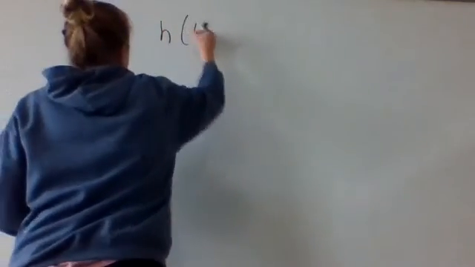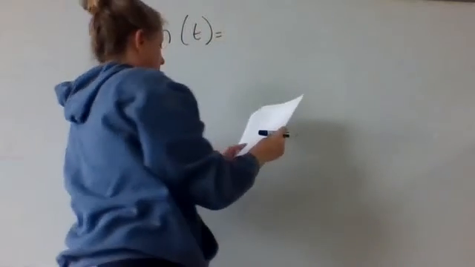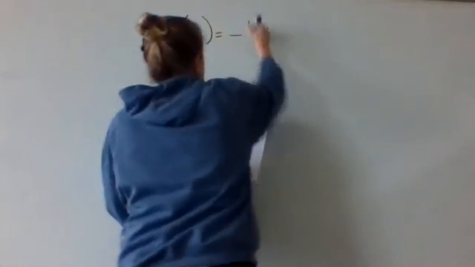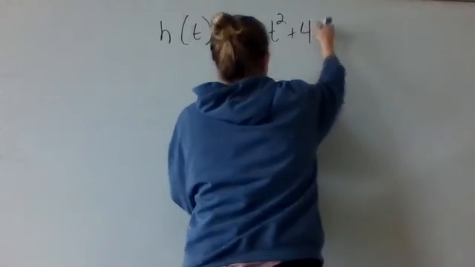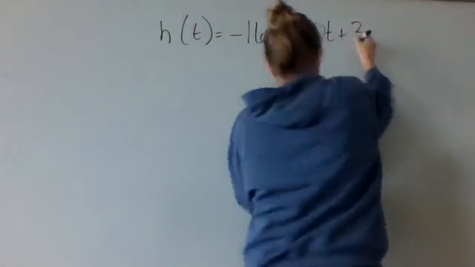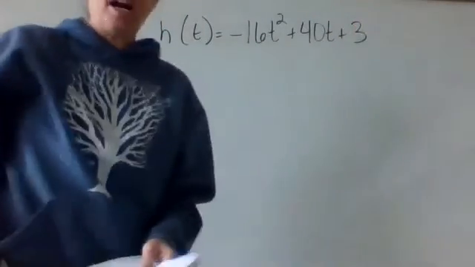The height in feet of the rocket above the ground at t seconds after launch is given by the function negative 16t squared plus 40t plus 3. So there is the function.